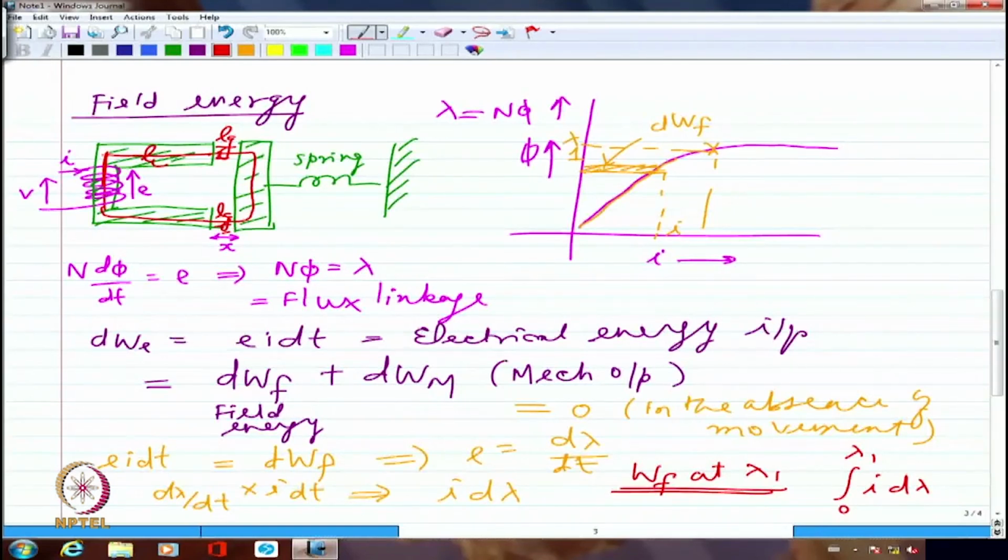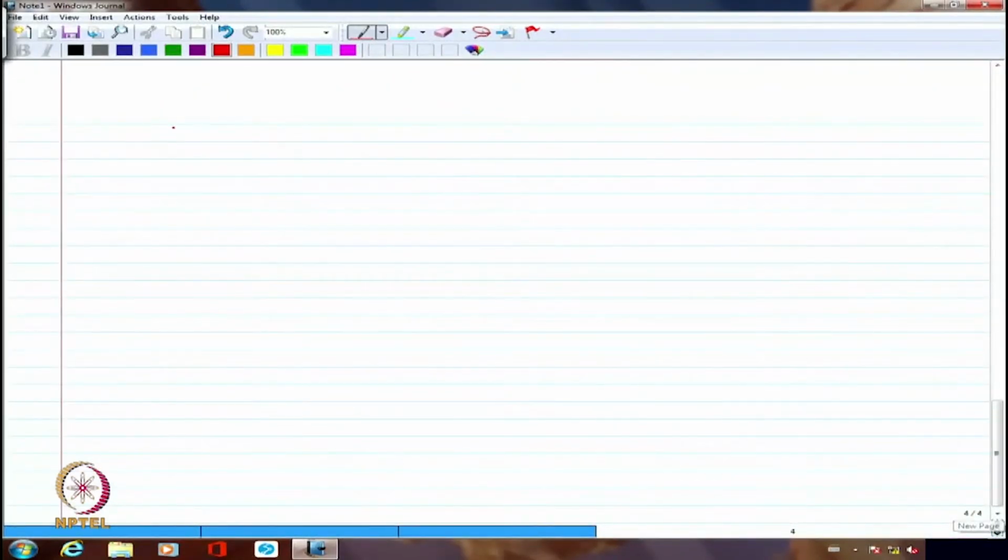Right? So I should be able to write that if I look at the MMF in this case, this MMF will be N times I, which will be Hg Lg plus Hc Lc. This is the total MMF that is going to be associated with this magnetic circuit at this point in time. Now I want to express I d lambda in terms of magnetic circuit parameters.